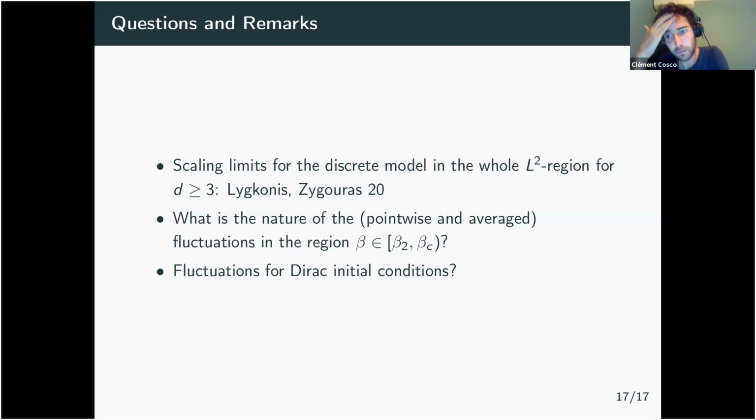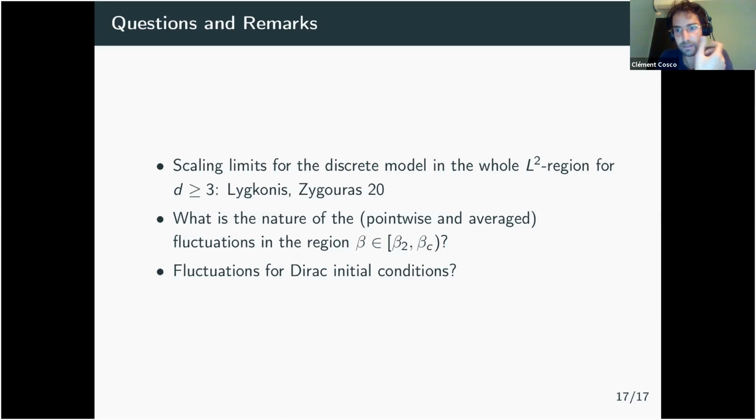At first we thought that it would probably still be Gaussian at the beta 2 point, also with different rescaling, because this is what happens, for example, if you look at the Biggins martingale of the branching random walk. You can have similar questions for the partition function, and it has been shown that exactly at the L2 point, if you change the rescaling, then you will find something Gaussian.